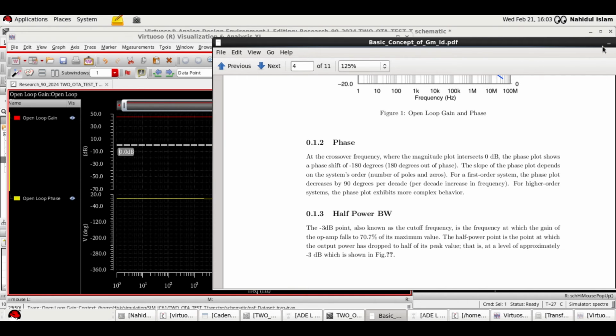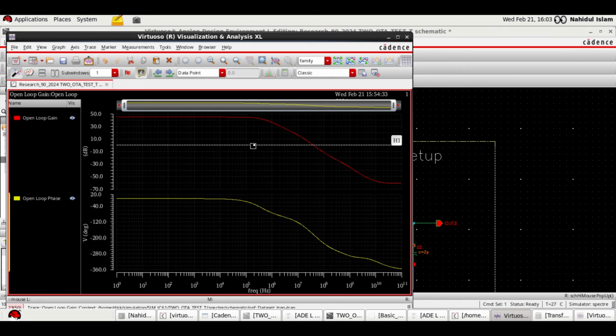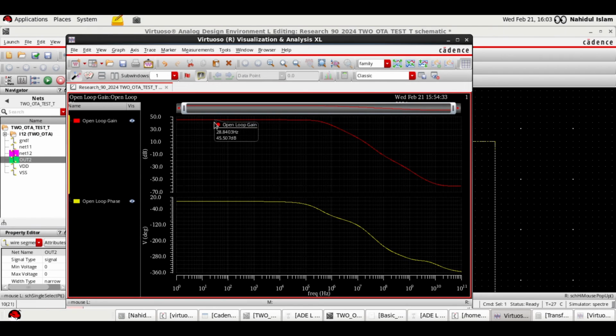Well, how can we determine the half power bandwidth? Let's calculate. Here our gain is 45.5 dB. So we have to go 3 dB below the highest gain.